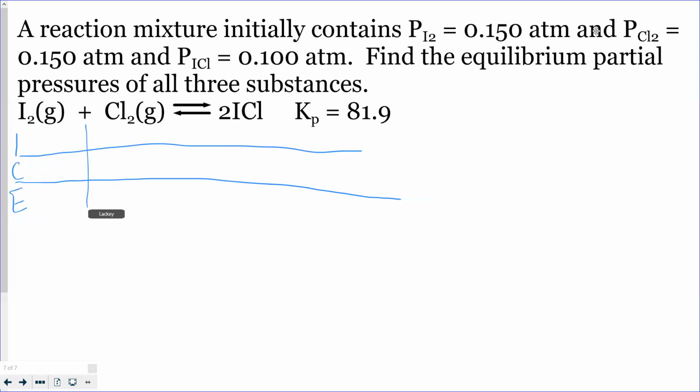Iodine is initially 0.150. If you don't have concentrations, you can plug in pressures, but make sure pressures are in the same unit. Chlorine has 0.15 atmospheres. The iodine chloride is 0.1 atmospheres.